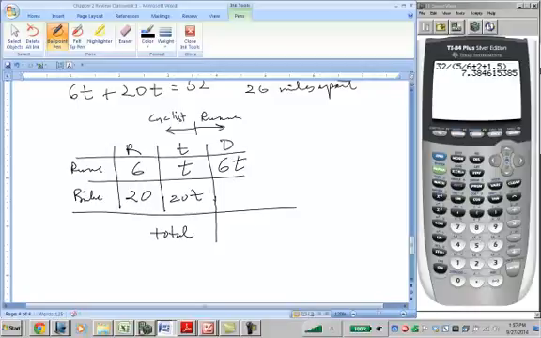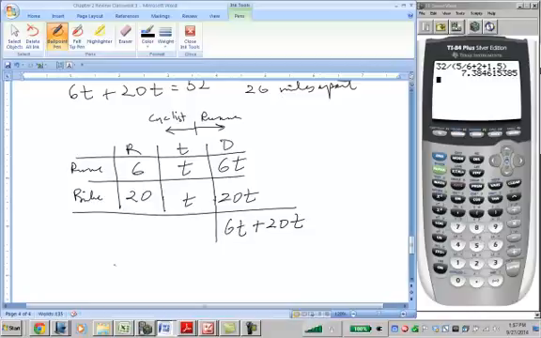I'm sorry. The time for the bike is also t. The total distance for the bike is 20t. And so their totals are going to be 6t plus 20t, and that is 26 miles.